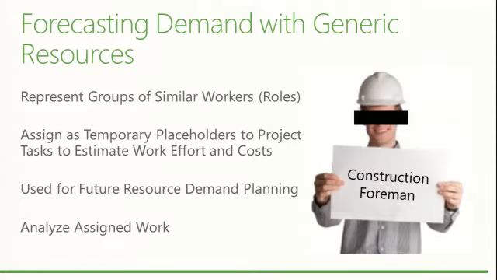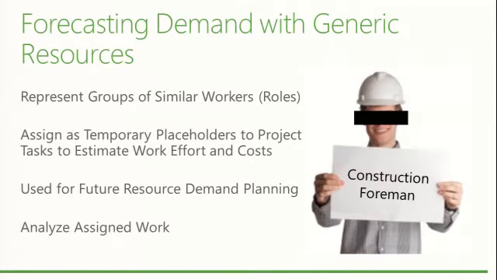This is essentially when you're doing your early resource planning on a project. Maybe you don't know yet exactly which people you want to put on which tasks in your project, but you do know what kinds of people you need. I'm going to need a database analyst to build this database for me two months from now.